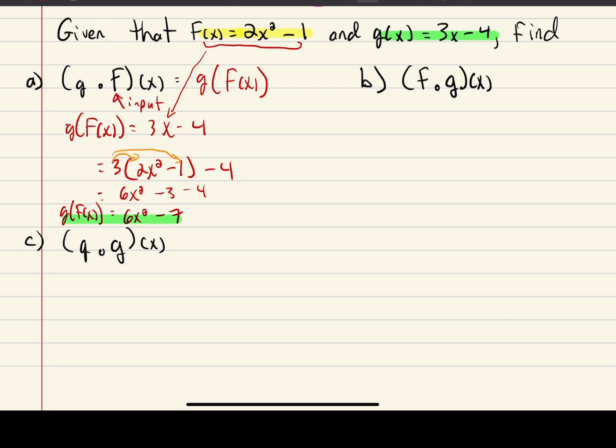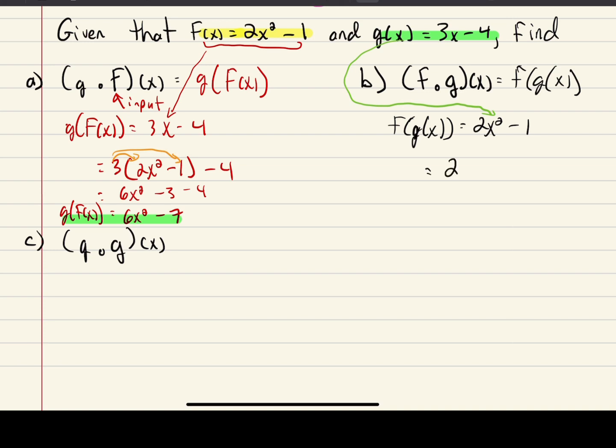Now for the next one, we're going to switch it up. It's going to be f of g at x. So that notation is f open bracket g and then at x. And so we're going to write f at g at x is equal to 2x squared minus 1, and this expression is going to go into the x over here.